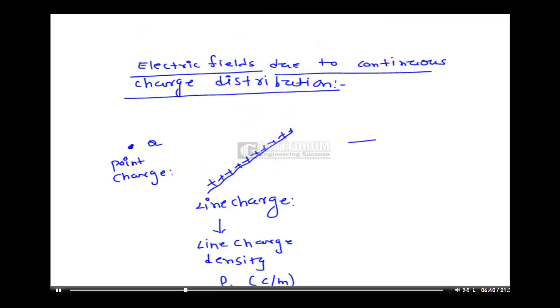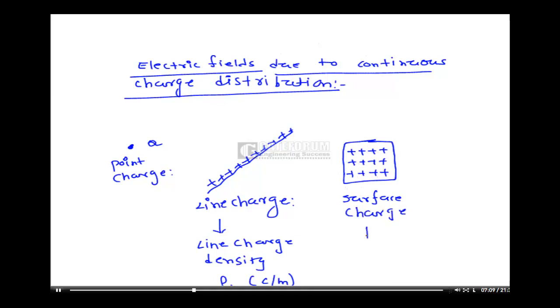Similarly, surface charge. Suppose this is a closed line; a closed line is nothing but a surface, an open surface. Suppose a charge is distributed along the surface; then what is the electric field intensity due to this sheet? This is called surface charge.